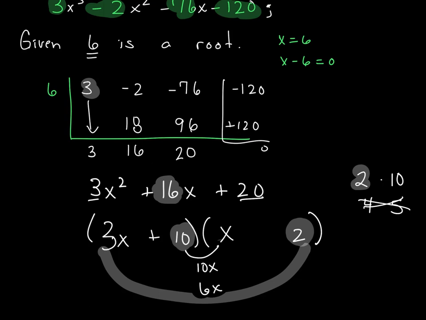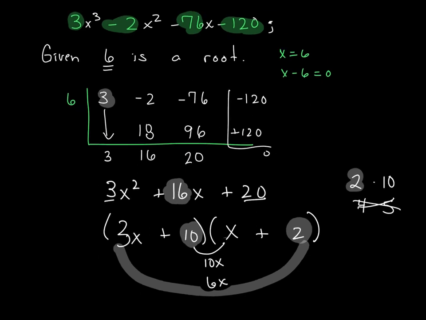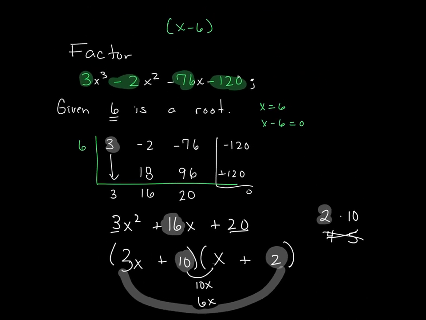I need them both to be positive. So I now have all of my roots, so I'm going to completely factor that. It's going to be x minus 6, 3x plus 10, and x plus 2 is my final factored form.